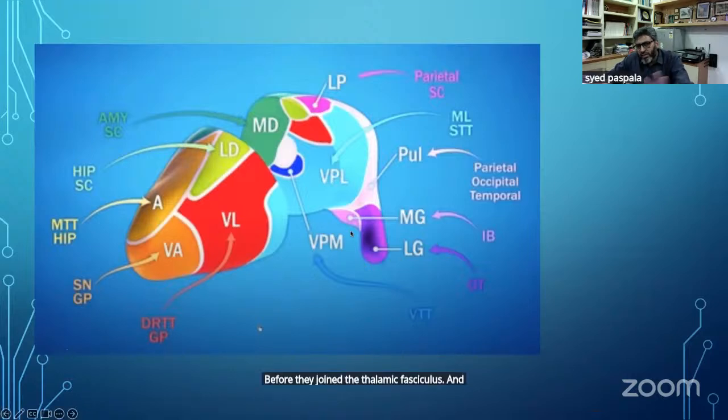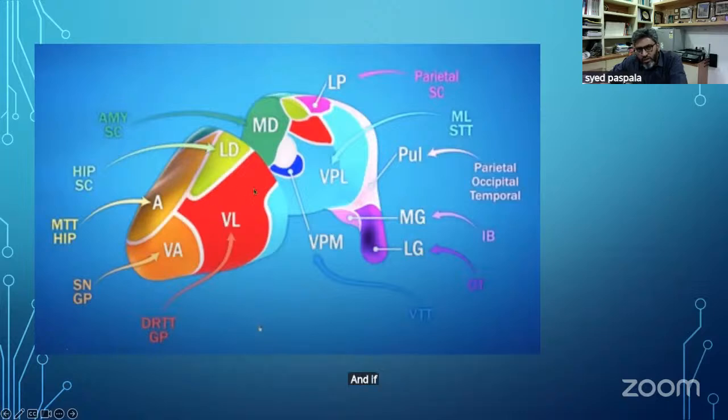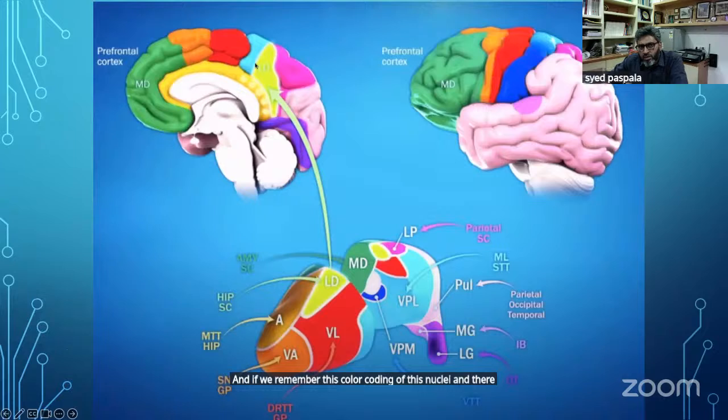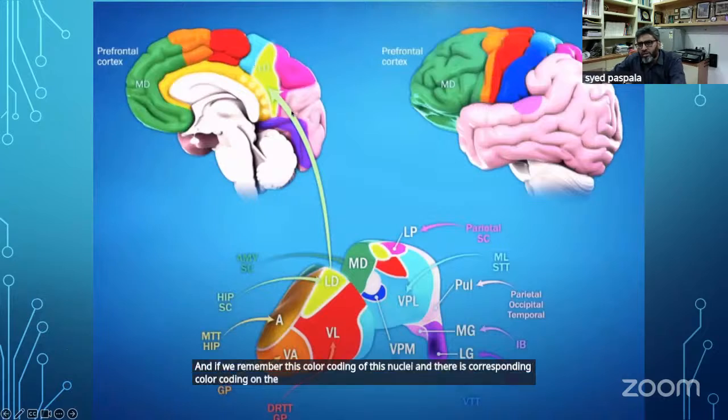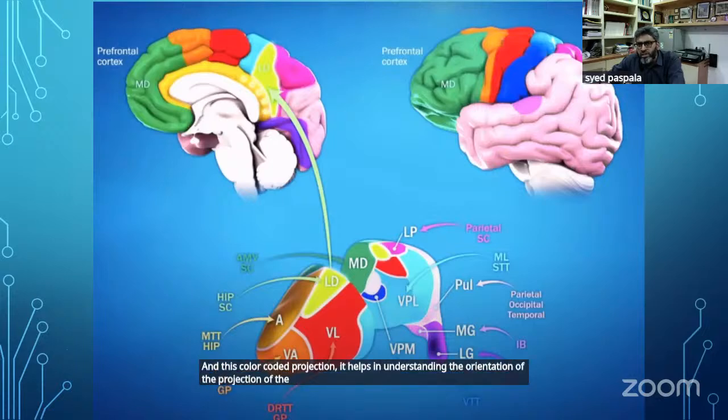And this is again a summation of what I told you, the main important connections with the thalamus. If we remember this color coding of these nuclei, there is corresponding color coding on the cerebral cortex, which will be showing that the yellow nuclei will be projecting to these yellow areas. And this color-coded projection helps in understanding the orientation of the projection of the thalamic nuclei.